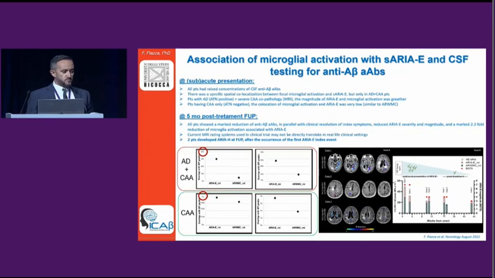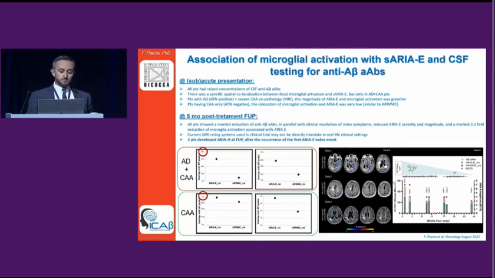What we found is that during the subacute presentation of ARIA-E in CRI, all patients had an increased amount of anti-A-beta autoantibodies that returned to a lower level when the disease resolved radiologically and clinically.